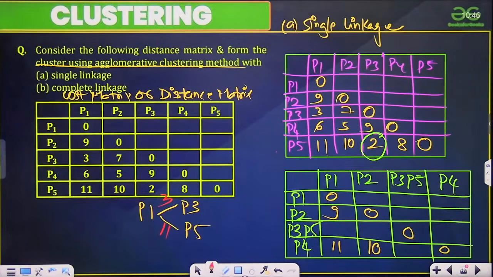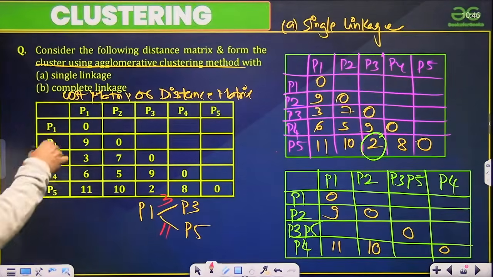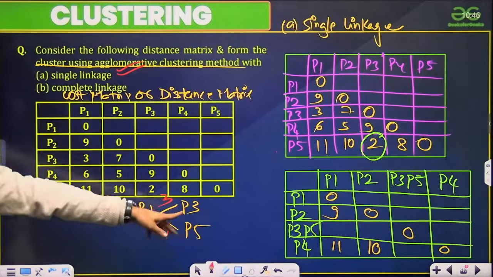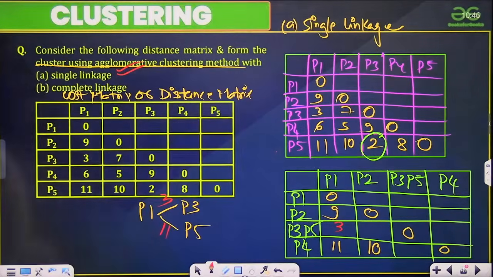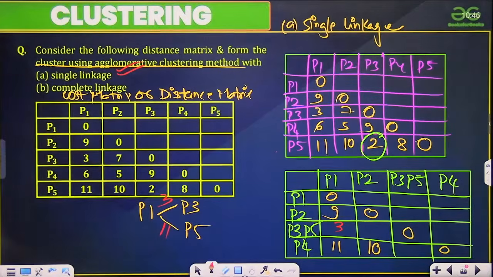Now we have to select the minimum one, because this is single linkage. So p1 p3 is 3, p1 p5 is 11, and since I'm using single linkage, I would select 3 here.